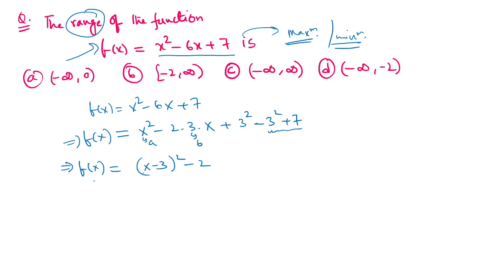Now, f(x) is something square minus 2. Again, x minus 3 whole square is always going to be greater than or equal to 0.